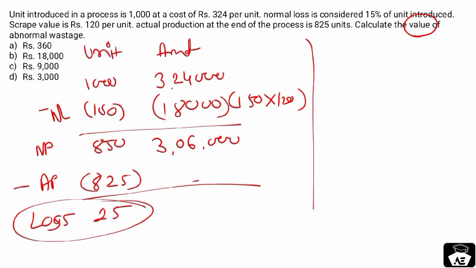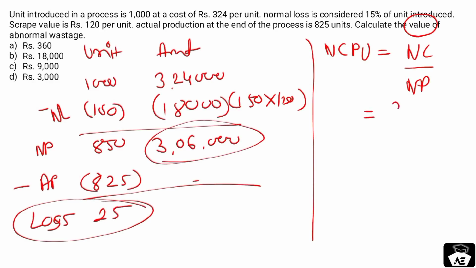So how to find the value? First of all, we need to find the normal cost per unit. Your normal cost per unit will be normal cost divided by normal production. Here your normal cost is 3,06,000, divided by your normal production 850. So you will get 360 per unit.